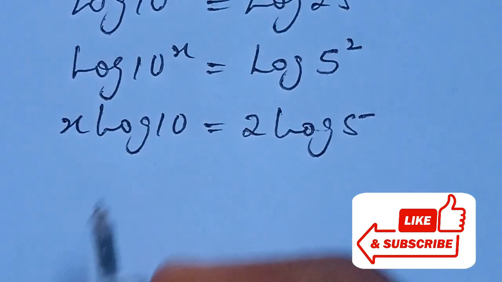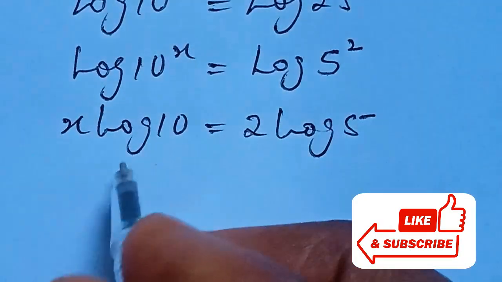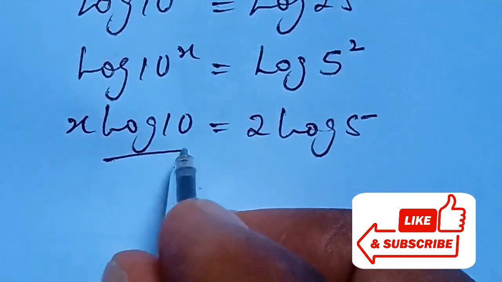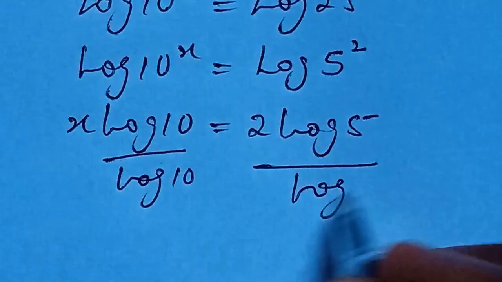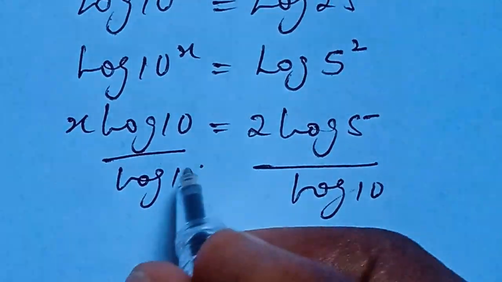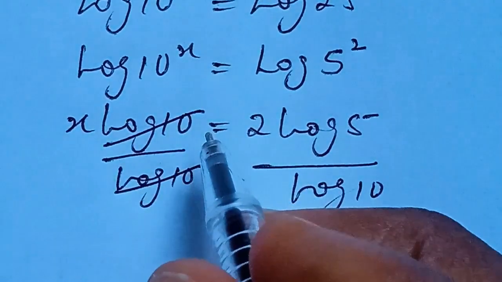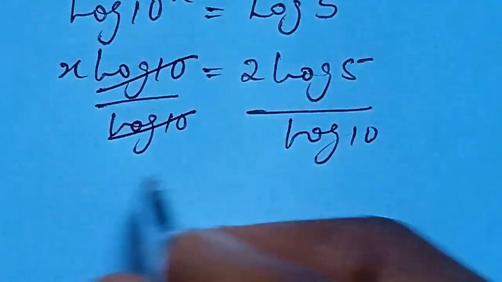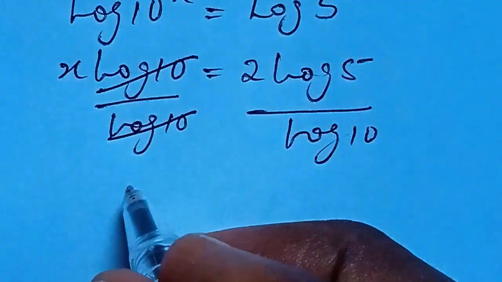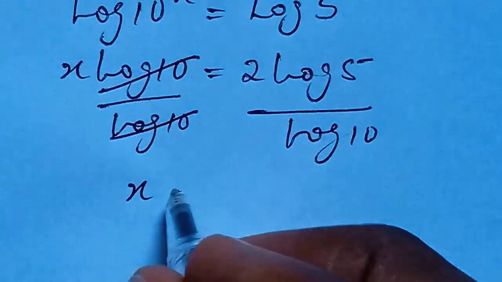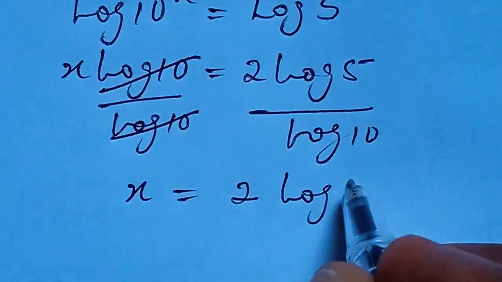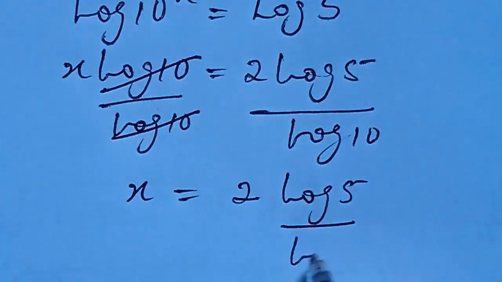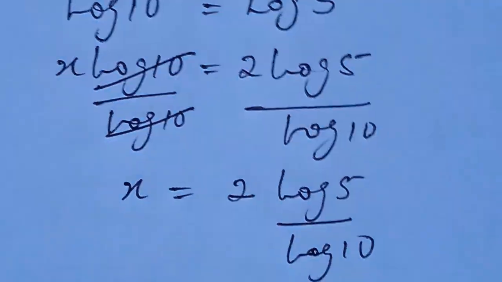Now from here we can divide both sides by log 10, so that this log 10 can cancel out with this log 10, and we will now be left with x isolated at the left hand side. So we have x will now be equal to 2 log 5 over log 10.